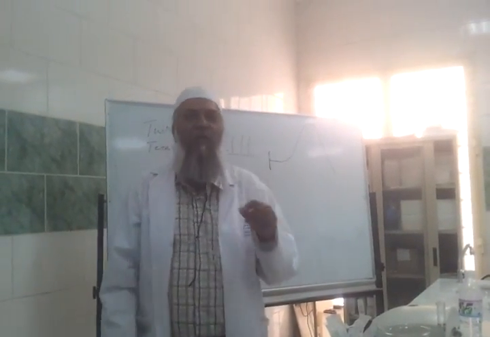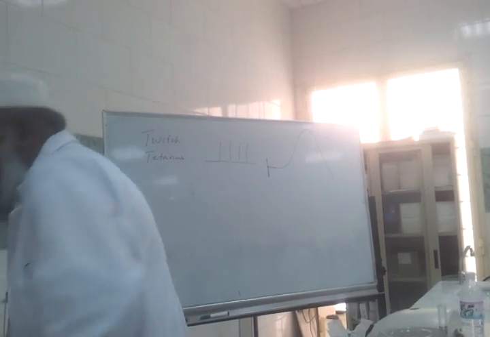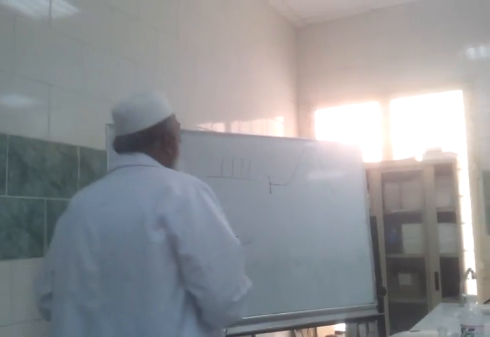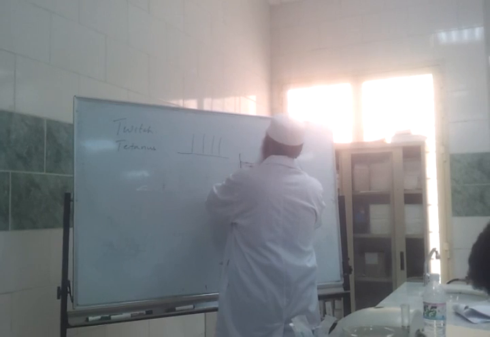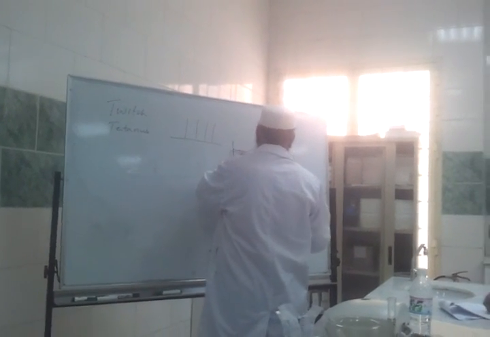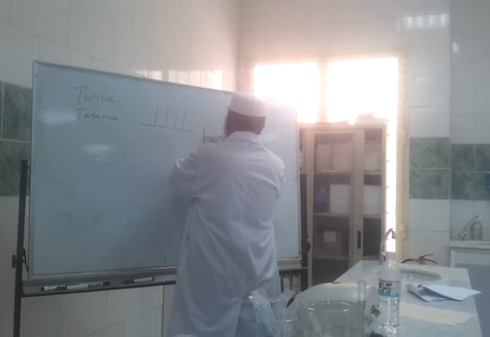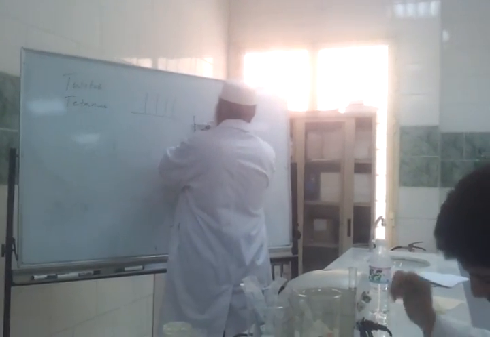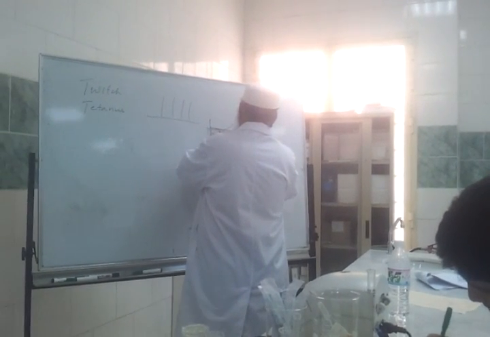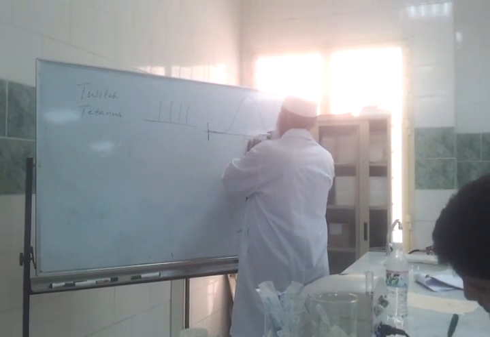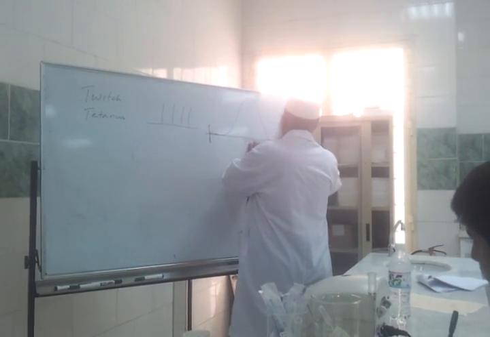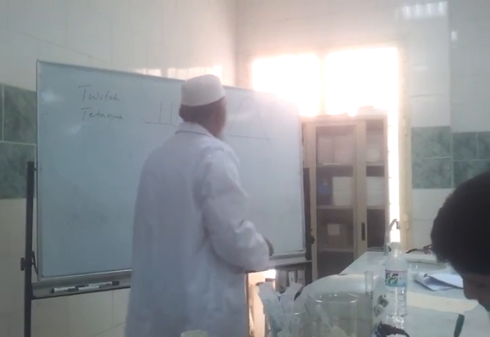Now when the curve is recorded and you have to measure different parameters, first take a scale and mark a line here at the base, like this.